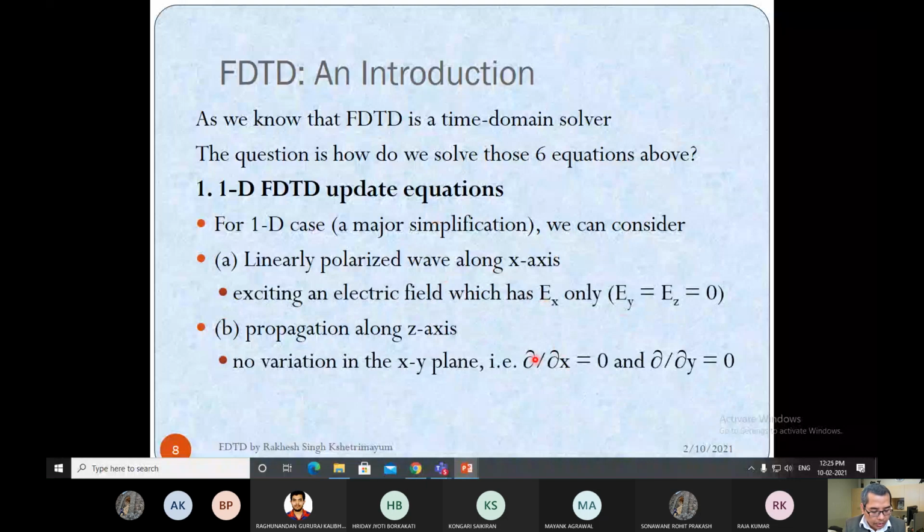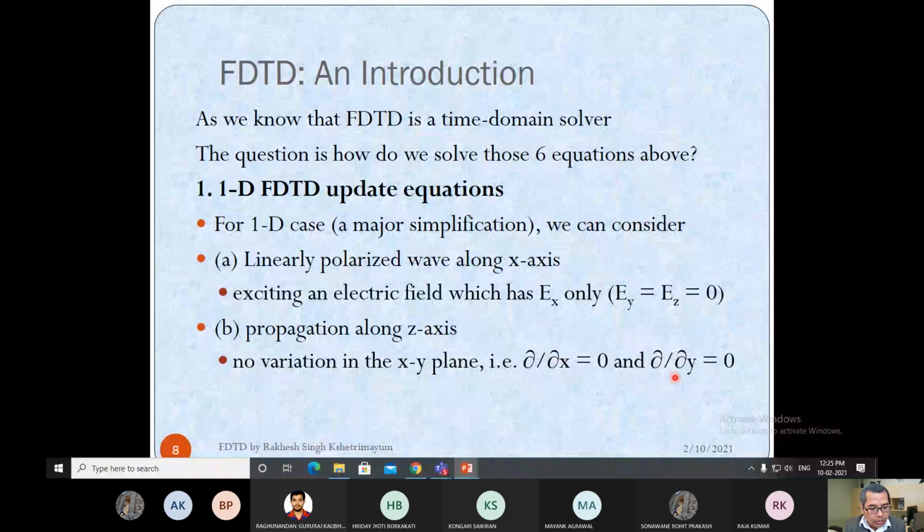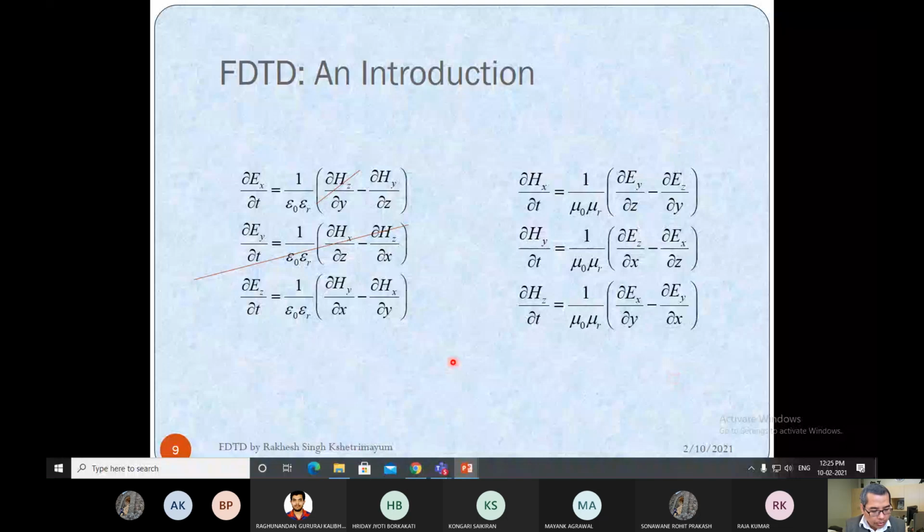In that case, the derivatives ∂/∂x and ∂/∂y become 0. So because of this modification, Ey is 0, Ez is 0, ∂/∂x is 0, and ∂/∂y is 0. Of the 6 equations, all the terms with Ey will become 0, so that equation becomes 0 and we don't have any time dependence.